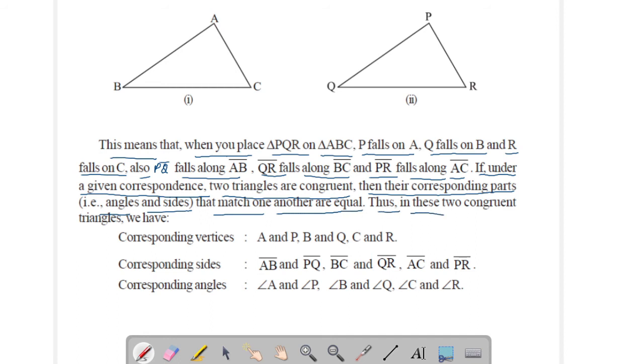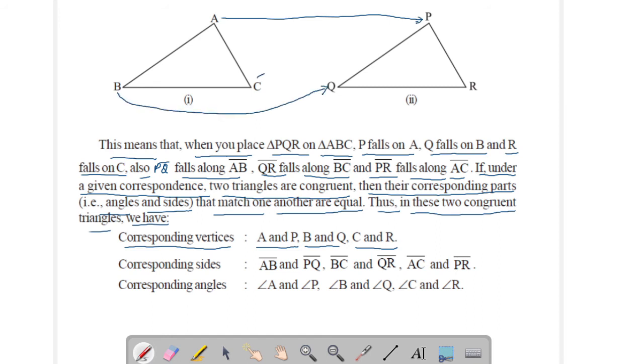Thus, in these two congruent triangles, we have corresponding vertices: A and P, B and Q, C and R. A is equivalent to P, B is equivalent to Q, C is equivalent to R. Corresponding sides are equal, that is line segment AB and line segment PQ.